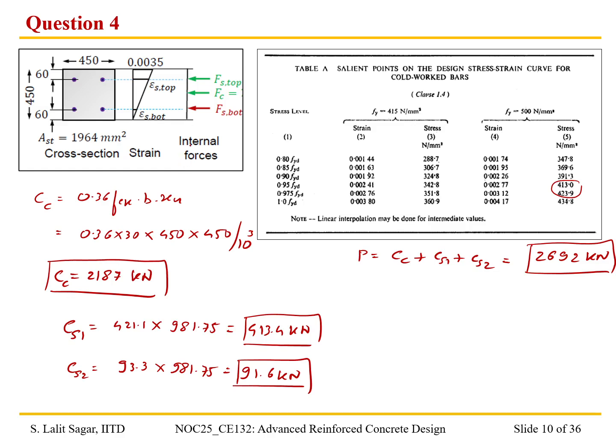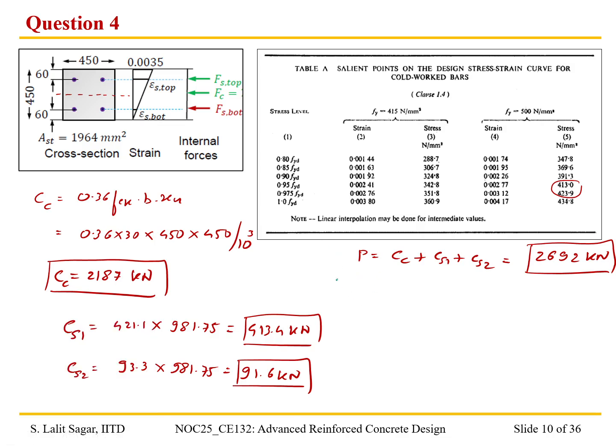So how do we find out the moment capacity? Well, you take the moment of all the forces about the mid height of the section.